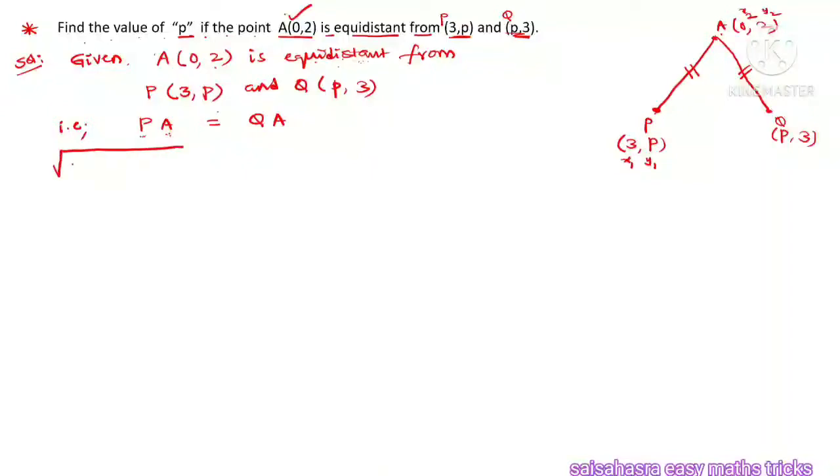Distance formula: under root, (x2 minus x1) whole square plus (y2 minus y1) whole square. Here also we can apply the same distance formula. In this case PA, so P is (x1, y1), A is (x2, y2), as we assumed.